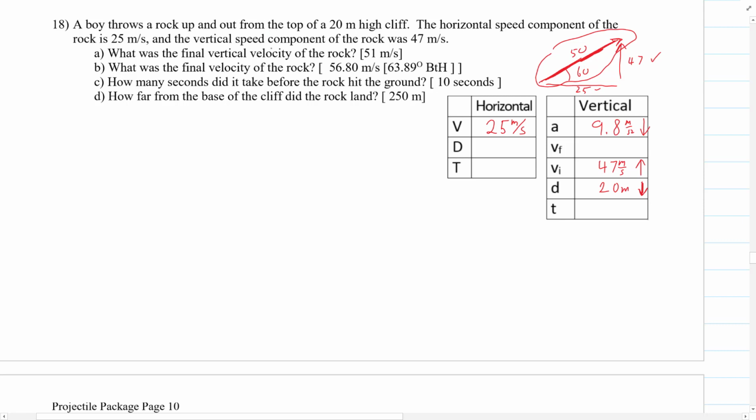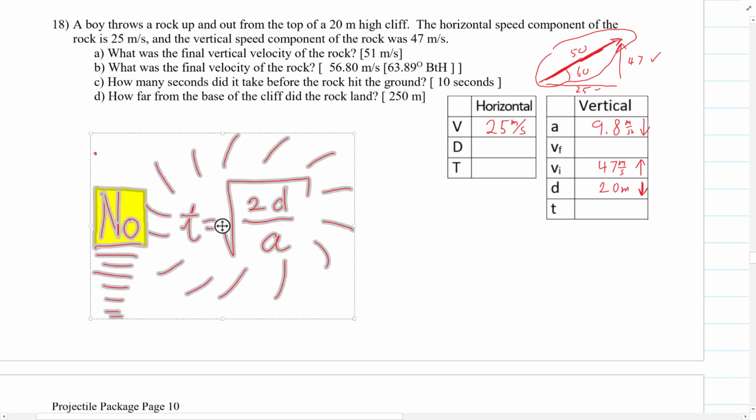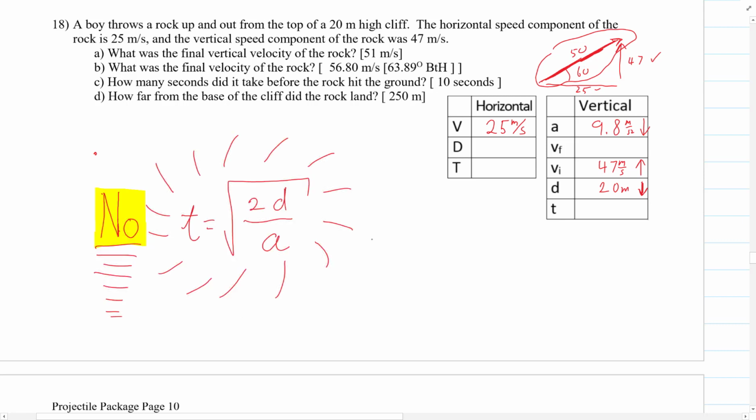Most of the questions that we've done before, like questions 1 through 13, were all horizontally launched. What does that mean? Well, it means this.